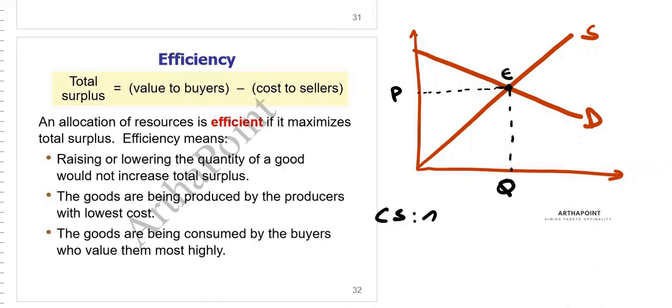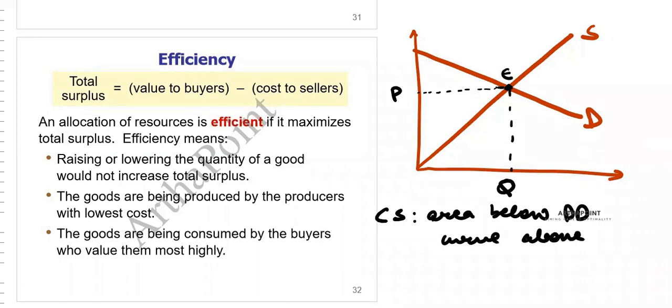Consumer surplus was the area below the demand curve and above the price. What is producer surplus?